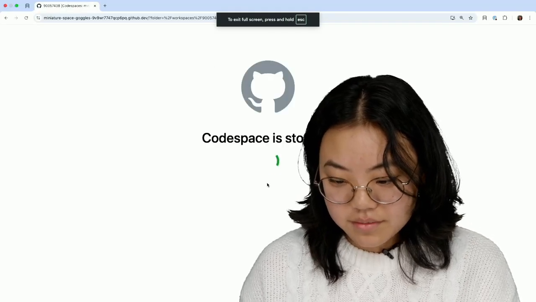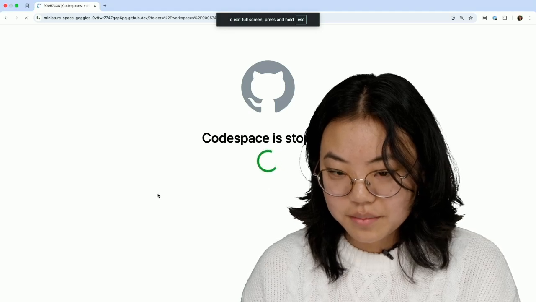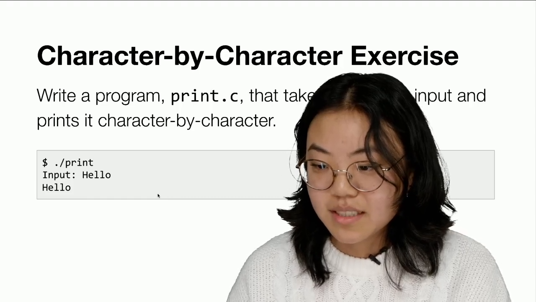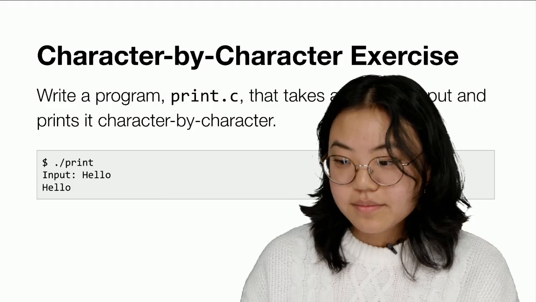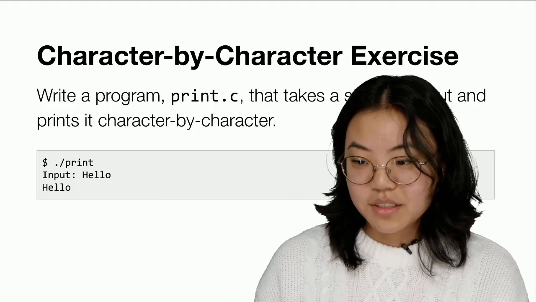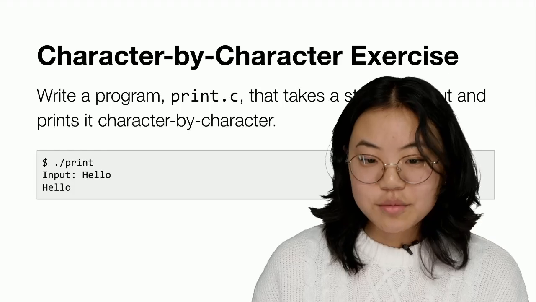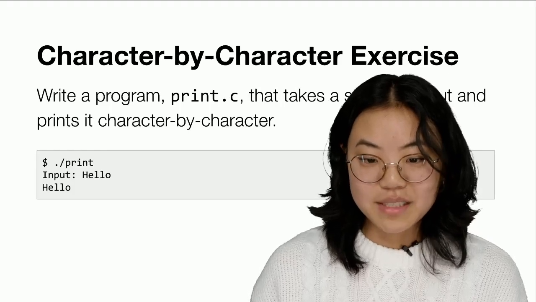Okay, oops. I'll restart my code space here. What are the operations that can be performed using strings? That's a great question. As we'll talk about very shortly, each character within strings can also be represented as a number, right?